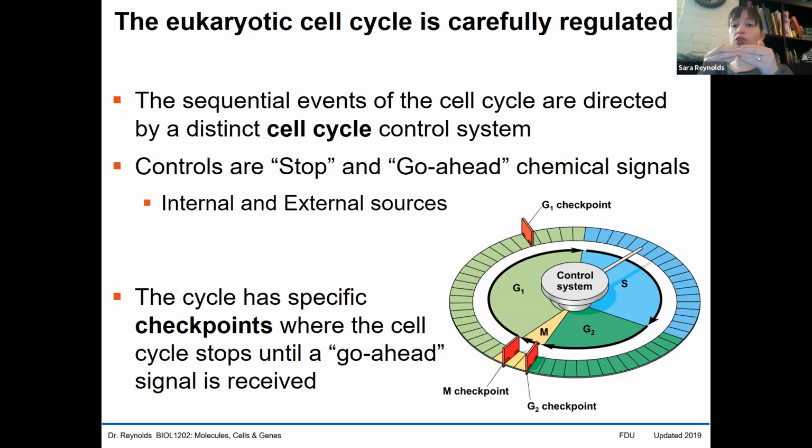This checkpoint ensures that every chromosome is correctly attached to both spindles, so that when the cohesins divide, the chromatids split. If your chromosome is only attached to one spindle, well then when the cohesins divide, it won't change anything and you will simply take both chromatids into a single daughter cell.